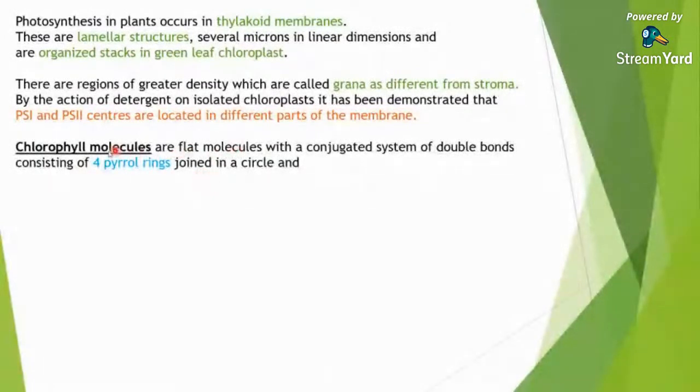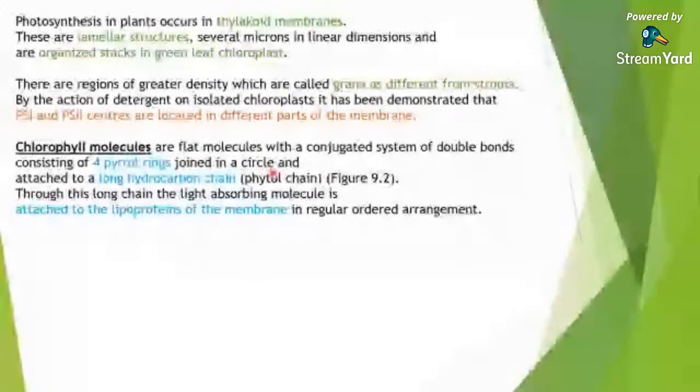The chlorophyll molecules are flat molecules with a conjugated system of double bonds, consisting of 4 pyrrole rings which are joined in a circle and attached to a long hydrocarbon chain, the phytol chain. Through this long chain, the light absorbing molecule is attached to the lipoprotein of the membrane in a regular ordered arrangement.